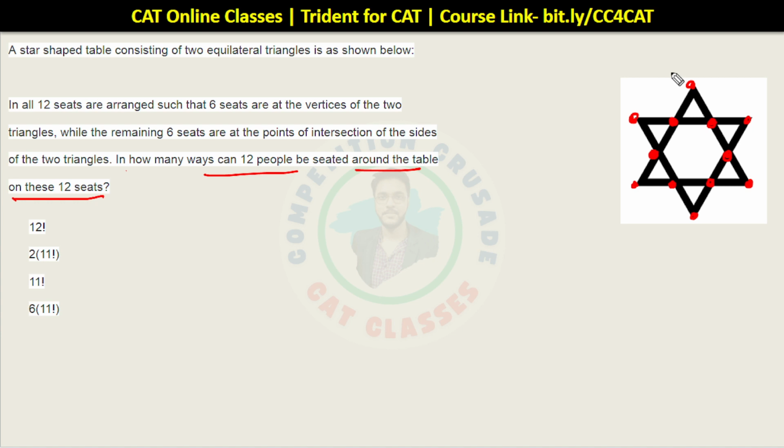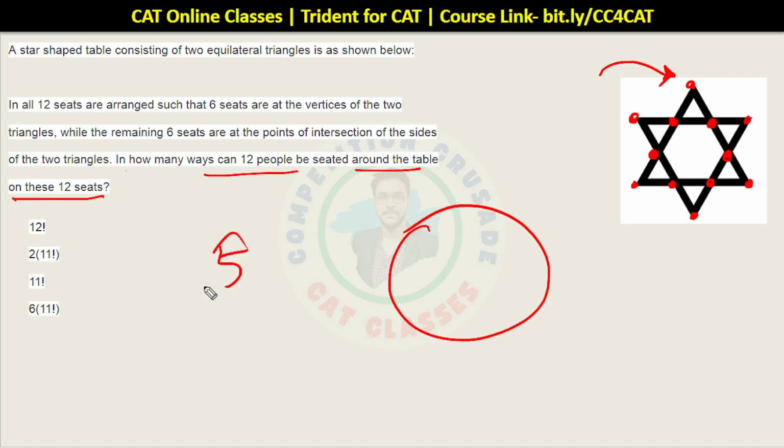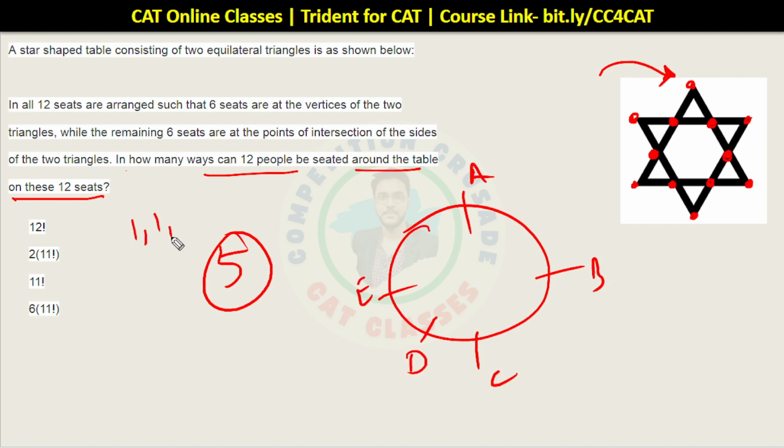The idea is that you just make sure that the first person that comes into this arrangement. Okay, so circular arrangement में क्या होता है कि suppose there are 5 persons and there are 5 seats. Okay, 1, 2, 3, 4, 5, right? So A, B, C, D, E. What happens is that there are 1, 2, 3, 4, 5 persons.